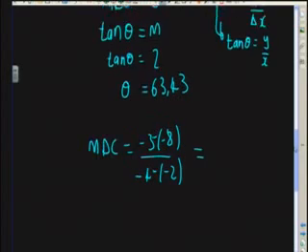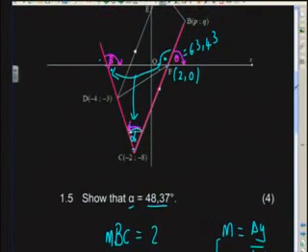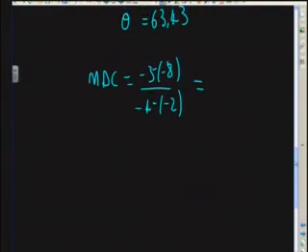It's the y coordinate there, minus 8, and then minus 4 minus 2. So that's going to give me 8 minus 3, which is 5, over negative 4 plus 2, which is negative 2. Therefore, my gradient is minus 5 over 2.